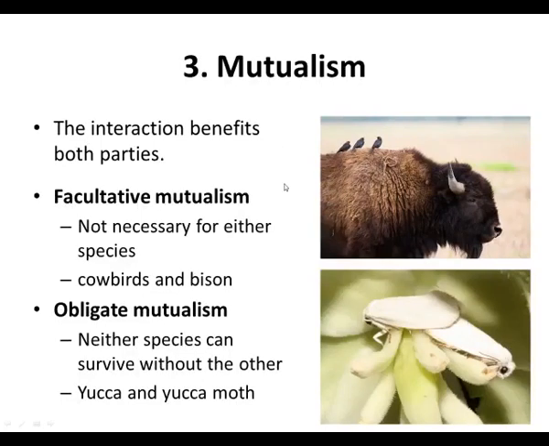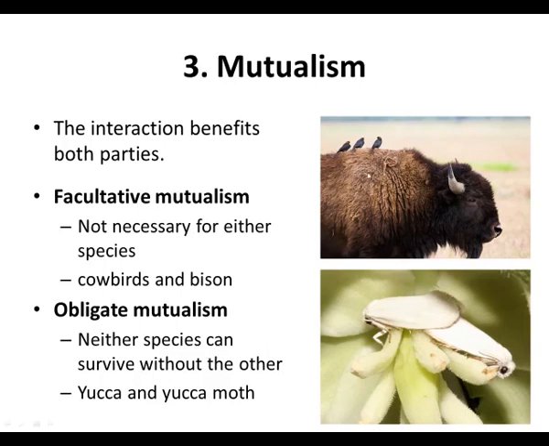So with that, we'll start mutualism. This is our third interaction. There are two major groups of mutualistic interactions. In some cases, it is not necessary for either species involved in this relationship, and we call them facultative mutualism. For example, cowbirds and bison.